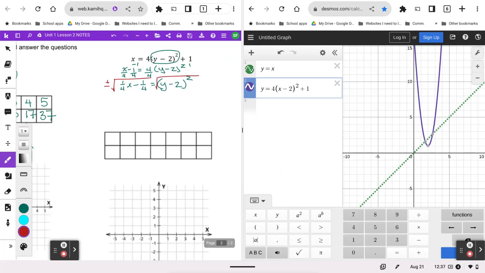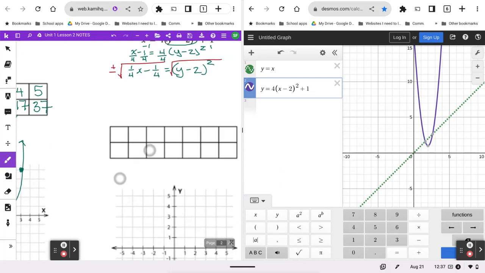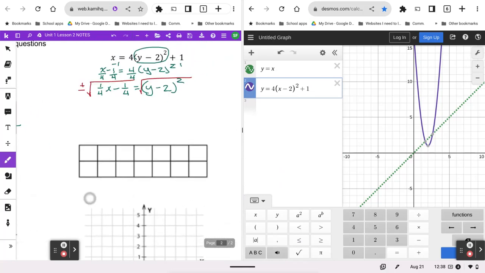So once we take the square root, we're going to get plus or minus the square root of 1/4 X minus 1/4 equals Y minus 2.